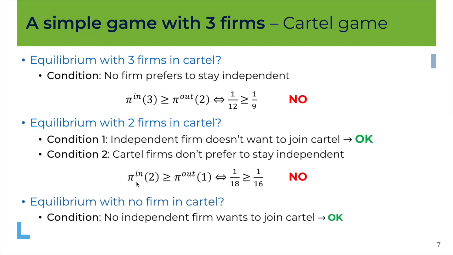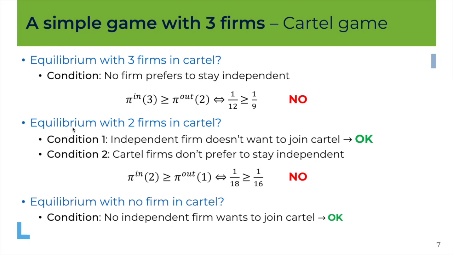So do I want to be in or out? If I'm in, I've got half of the duopoly profit, which is 1/18, and if I get out, I would have the triopoly profit, which is 1/16. Again, 1/16 being larger than 1/18, this condition is not satisfied.